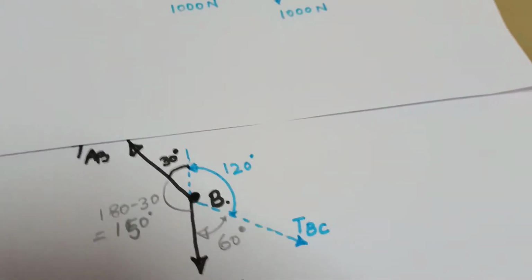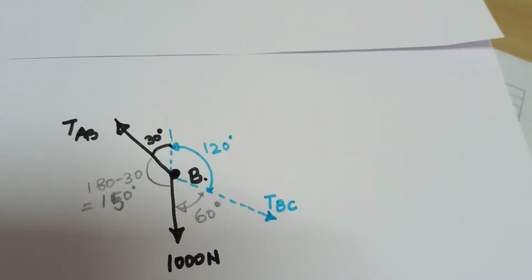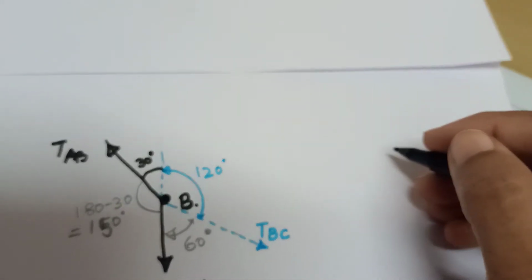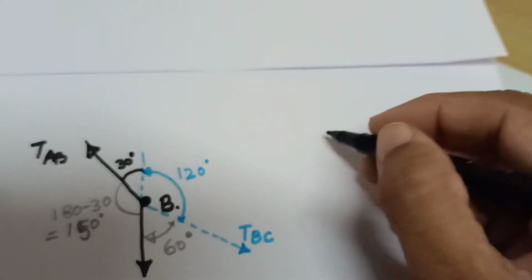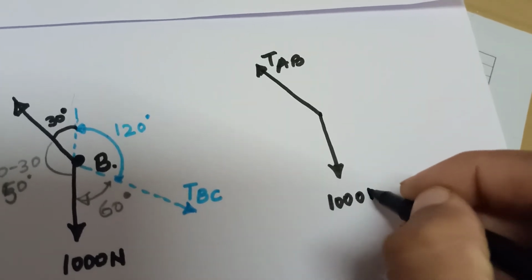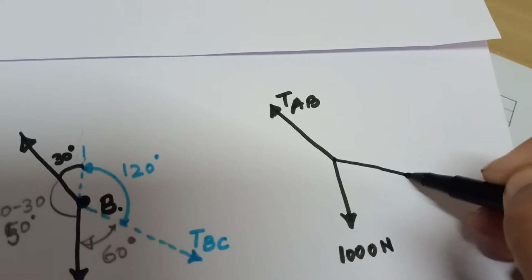Okay. So now I will draw a diagram which is representing the forces and the angles. Okay, so now this is TAB. Okay, this is weight W, that is 1000 Newton, and this is force TBC.